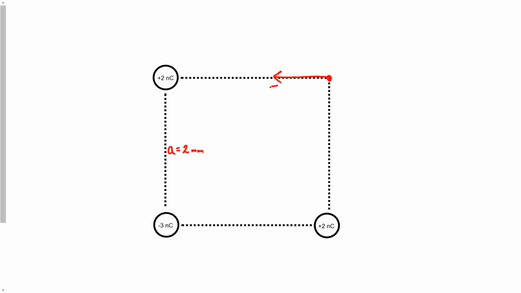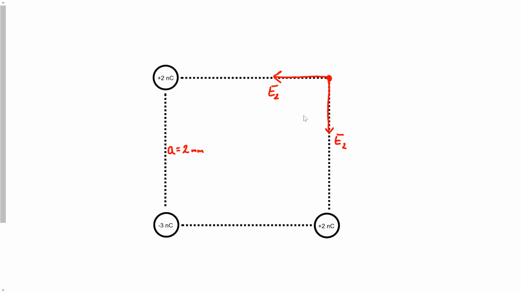I'm going to call that one E2 for my own note taking. Then I've got a 2 nanocoulomb charge down here. Again, fields run towards positive charges, so I've also got an electric field, and I'll call it E2 as well. I don't mind that notation because this was a square, so the magnitudes of both these vectors are the same.